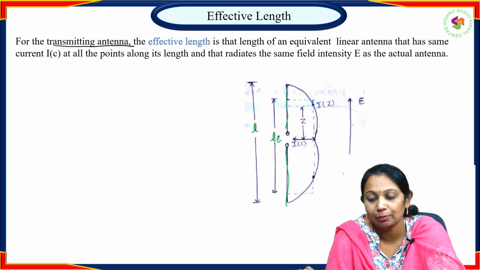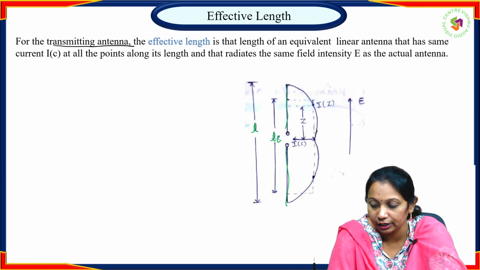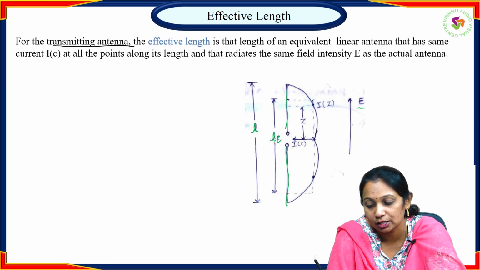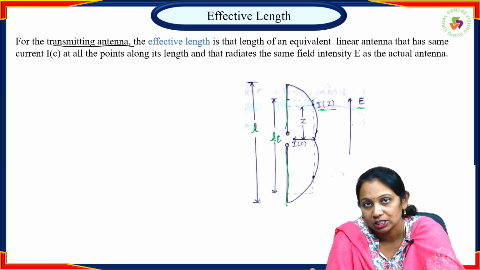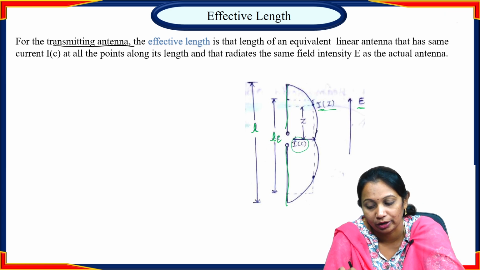If LE is the effective length, the E represents the electric field direction. Then the current is I of Z, because I considered the propagation towards the Z direction. Whatever the current contribution at the terminals of the antenna, I have taken it as I of Z. Here I of C is the current at the center point.